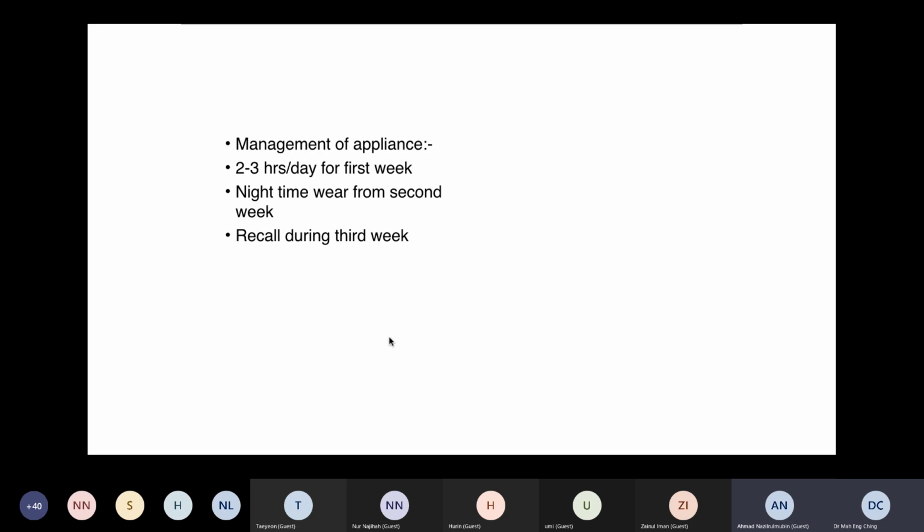So this is a bit of a psychology strategy. I leave it to you. Some people start with half-time or part-time. Some people start with full-time straight from the beginning. Then they recall during the third or fourth week, usually one month later, just to check the patient's compliance and how they are doing with the functional appliance.